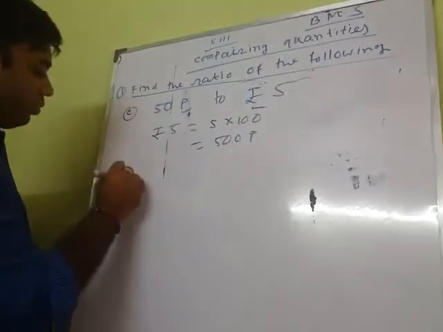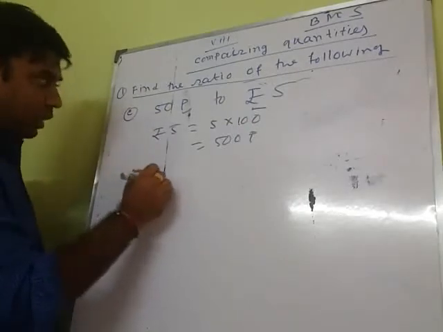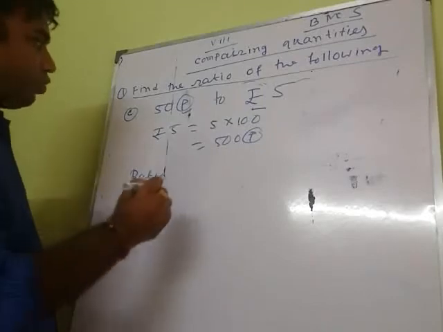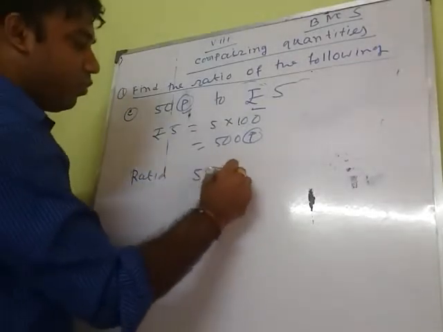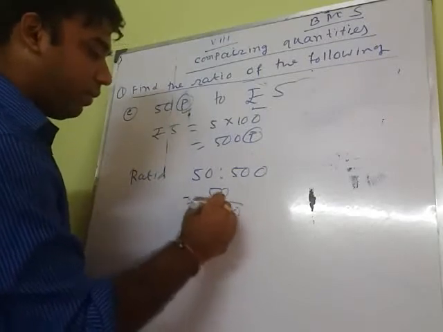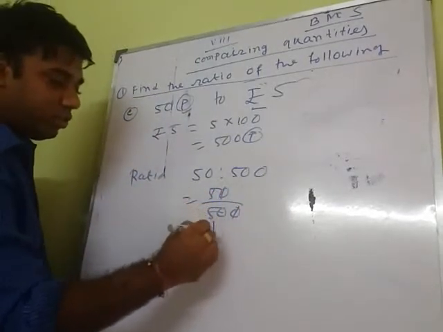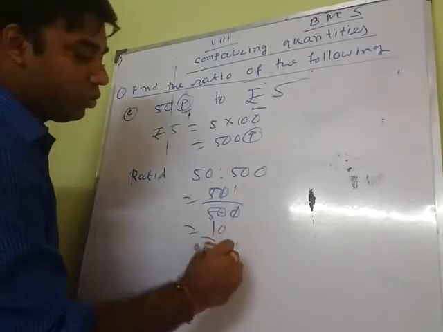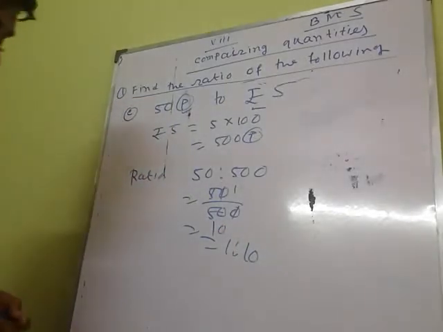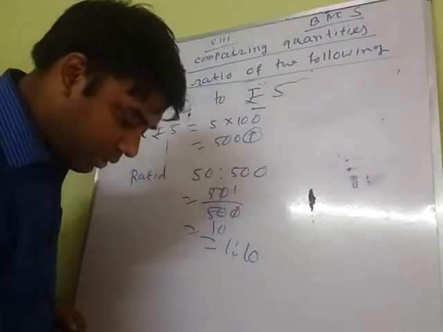Now the units are the same, so the ratio is 50:500, that is 50/500, which is 1/10. So the ratio is 1:10. That is part C.